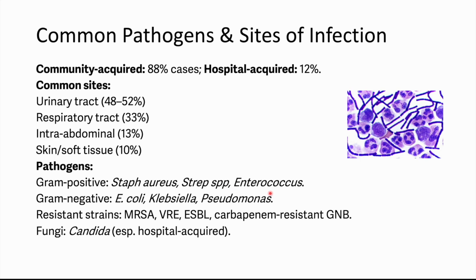Among gram negatives, E. coli, Klebsiella, and Pseudomonas. Then resistant strains like MRSA, VRE, ESBL, carbapenem-resistant GNB, then fungi like Candida, especially in hospital acquired cases. So whenever you suspect sepsis, always think: what's the likely site and what's the local resistance pattern that guides you to the empiric antibiotic choice.